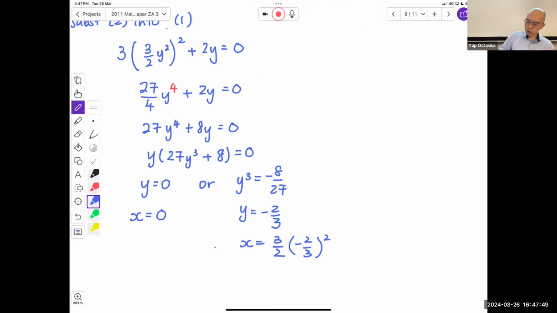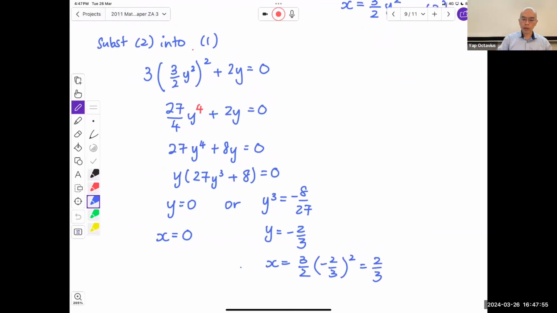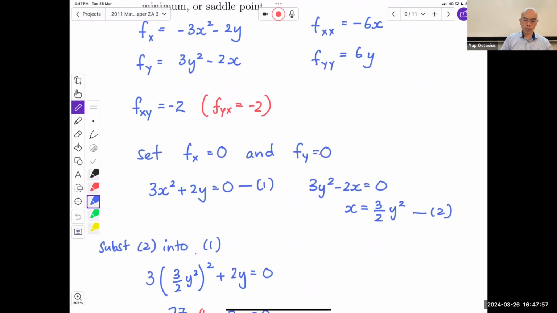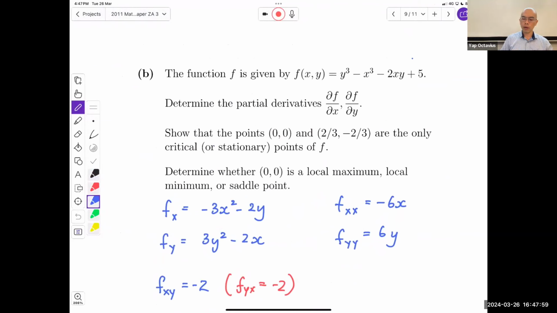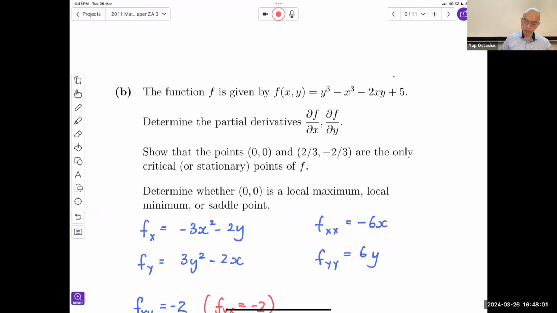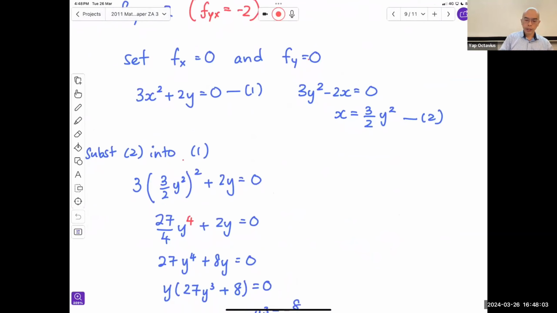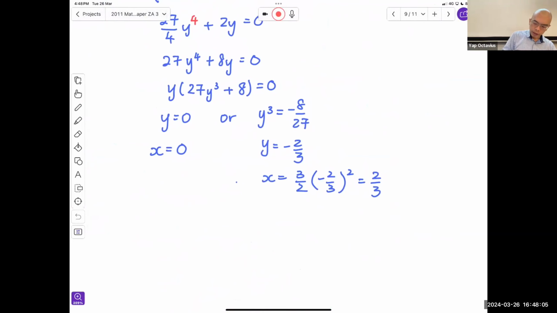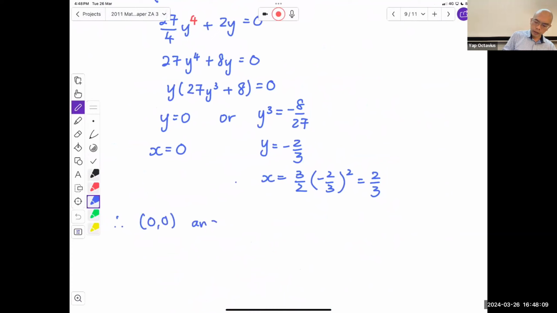And this also gives you, I think, 2 over 3. Okay, so we found the stationary points as what they say. So just confirm with them. Therefore, 0, 0 and 2/3, comma, minus 2/3 are stationary points.